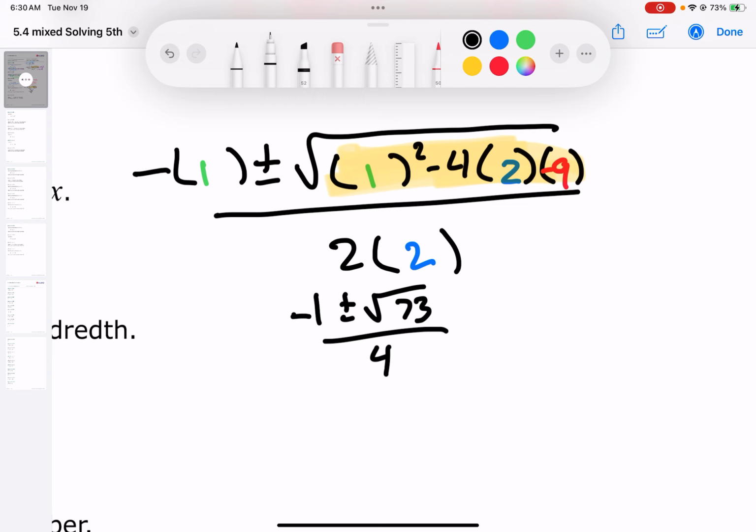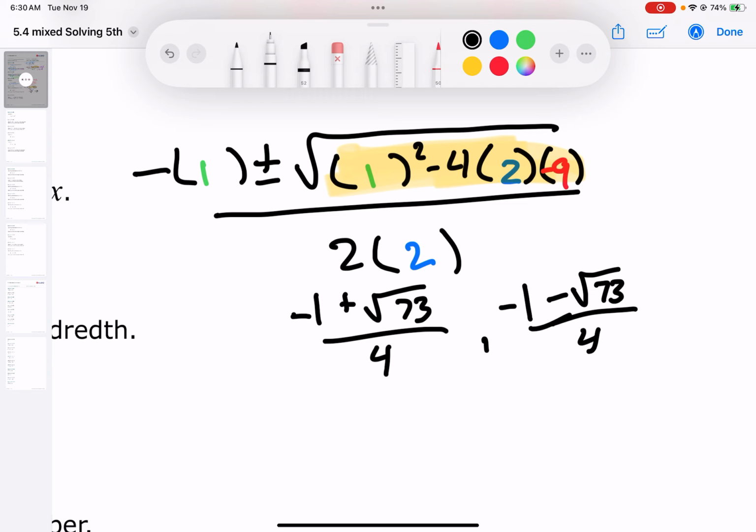I'm just going to plug that in my calculator. When I say that, I mean that's one answer, and then -1 minus the square root of 73 over 4. So we've got -1 plus the square root of 73. Click enter, divide by 4. It's going to give me 1.886.